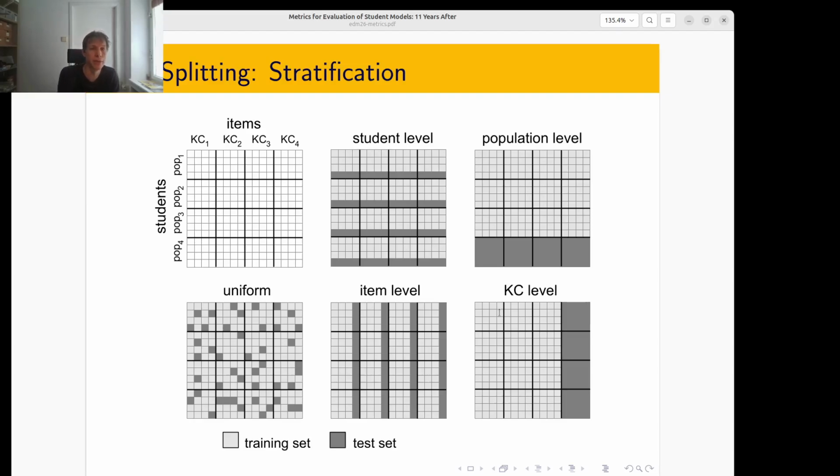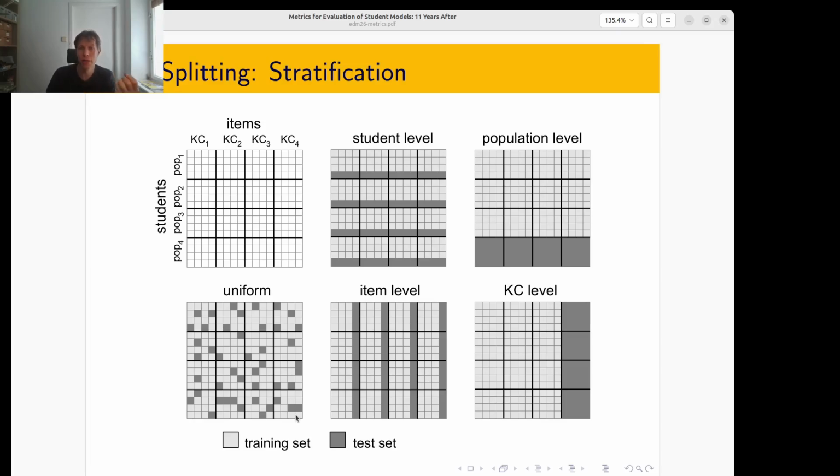Something similar happens with respect to data splitting. In the evaluation of models, we typically divide the data into a training set and a test set, and this division can be done in different ways. The simplest is a uniform division where we just randomly divide the data into training and testing sets, but we can also respect the structure of the underlying data.